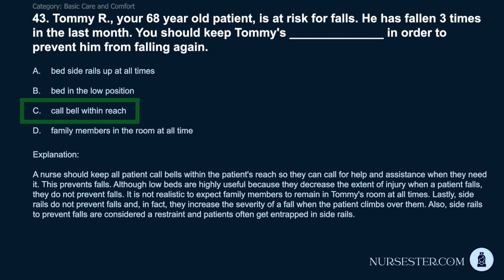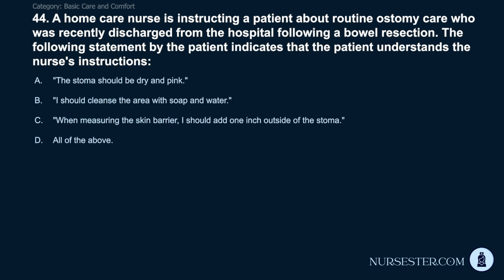Lastly, side rails do not prevent falls and, in fact, they increase the severity of a fall when the patient climbs over them. Also, side rails to prevent falls are considered a restraint and patients often get entrapped in side rails.